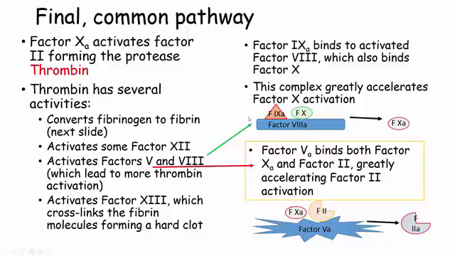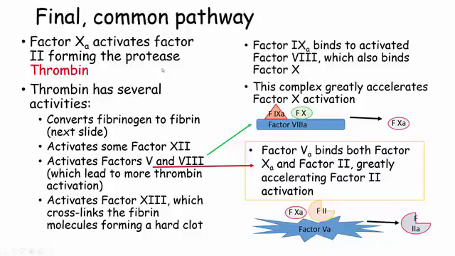That leads then to the final common pathway, in which ultimately fibrinogen, a soluble precursor protein, is going to be converted into a fibrous protein called fibrin that will stabilize the platelet plug and seal off the leak in the blood vessel so that repairs can occur.